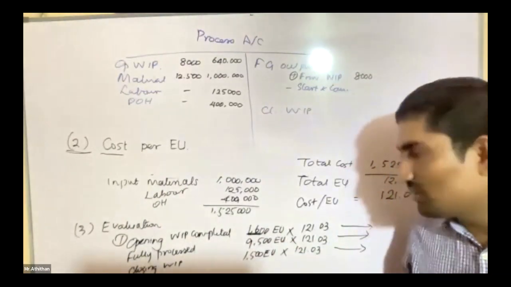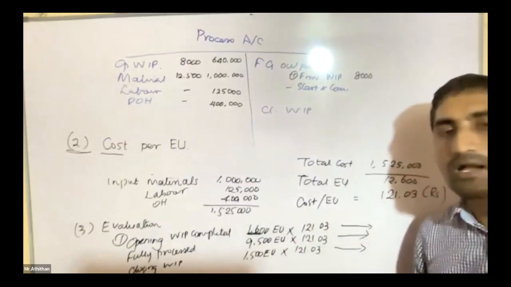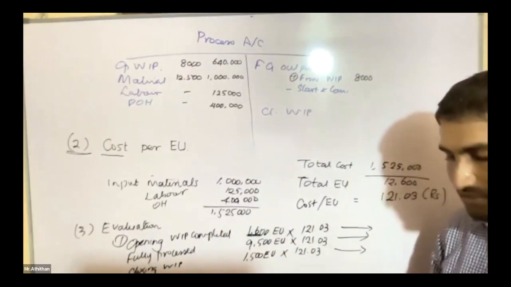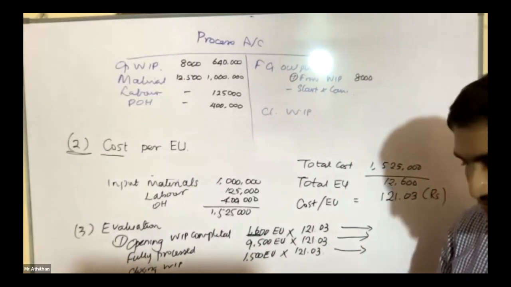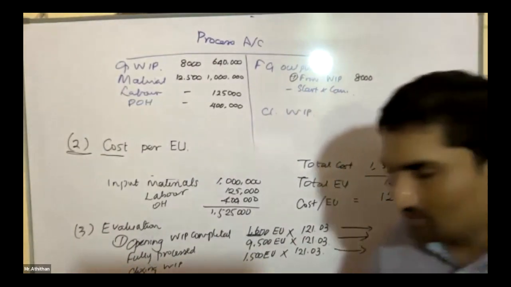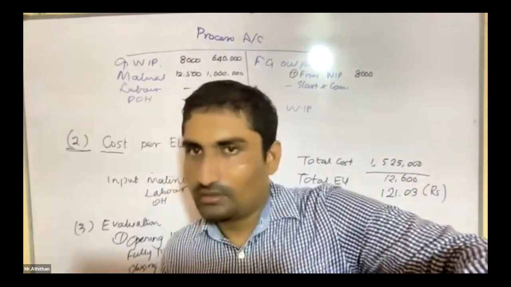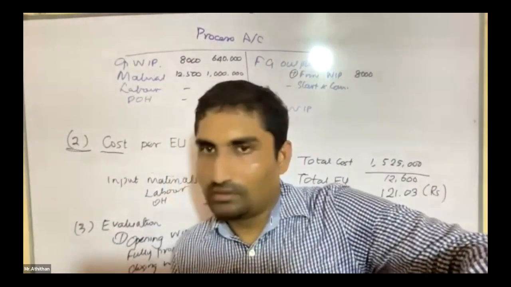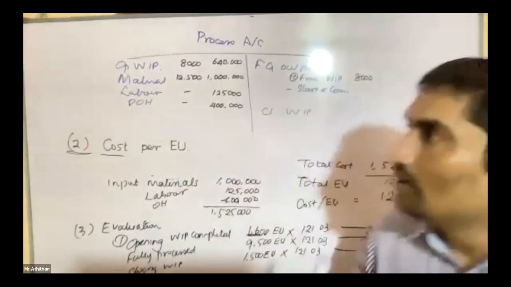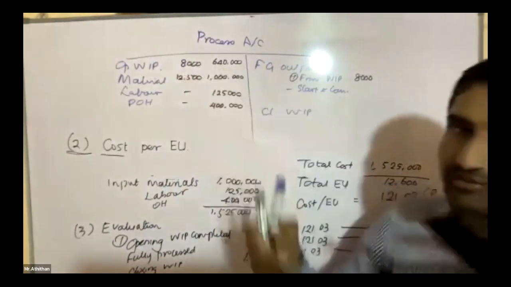We need to take 1,600 into 121.03, plus 640,000.